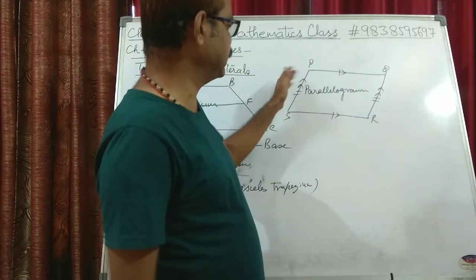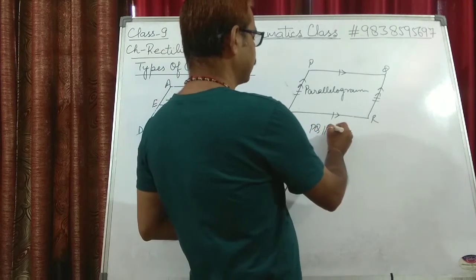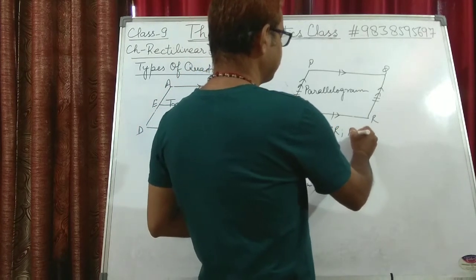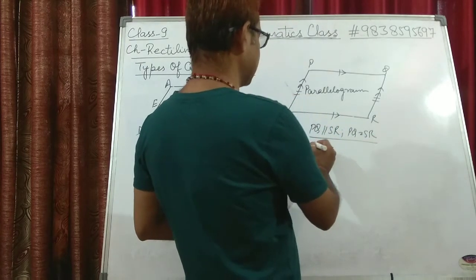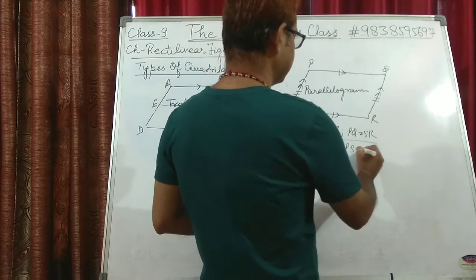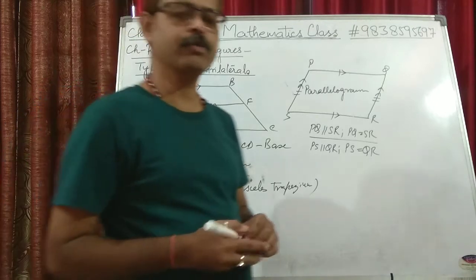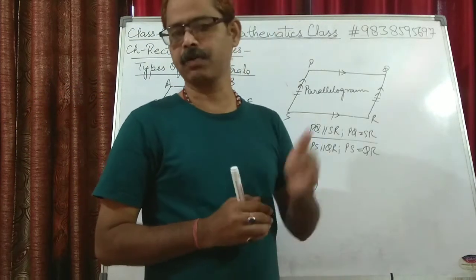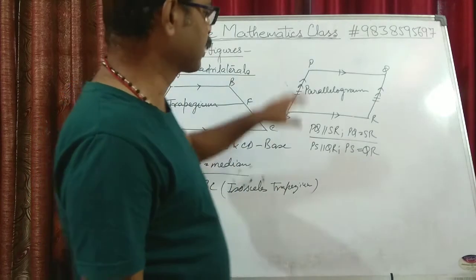We can say PQ is parallel to SR and PQ is equal to SR, or PS is parallel to QR and PS is equal to QR. If one pair of opposite sides in a quadrilateral is parallel and equal, then it is a parallelogram.